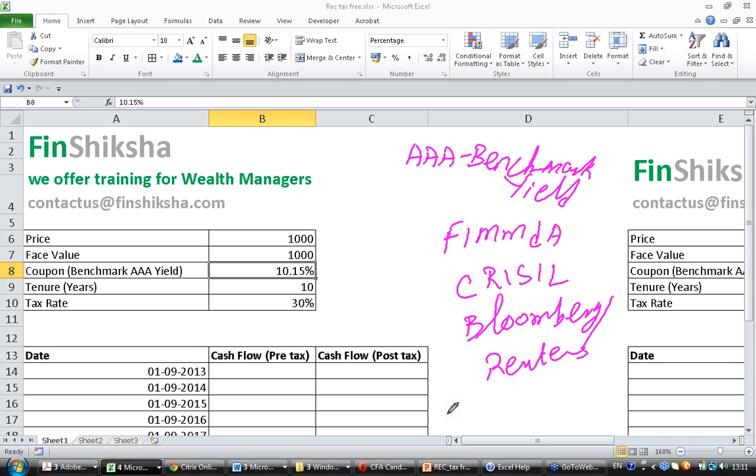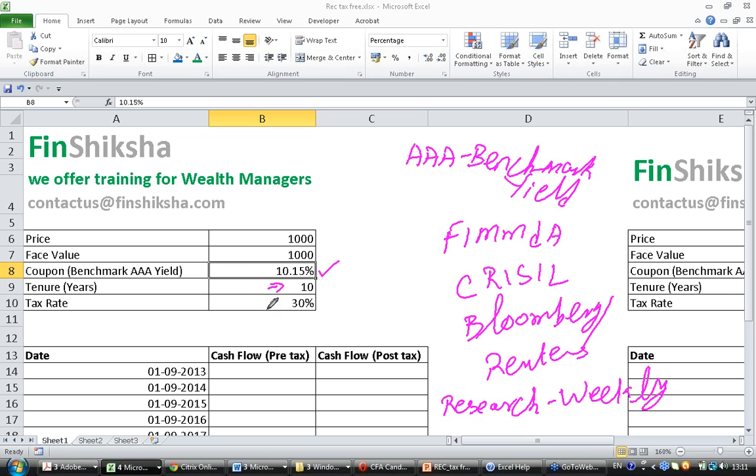Or you can also get it from the weekly research reports that come out, along with all the stock calls that we see. At this moment, a benchmark taxable bond is giving an annual coupon of 10.15%. That is a similar bond with 10 years of tenure.